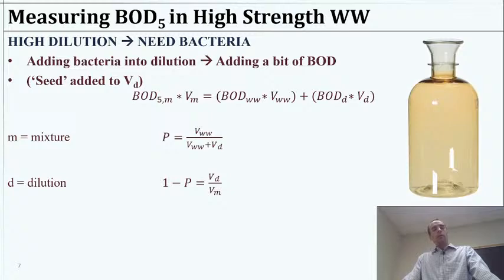When we need to add bacteria, we typically like to keep them in an environment where they're able to grow and survive, so we typically have a little bit of biological media in that, meaning when we seed the water with some bacteria, we are also seeding it with a little bit of BOD. Practically speaking, it's not a huge complication, just an annoyance. We are adding a bit of BOD, so we have to back calculate and account for that when we do our final calculation.